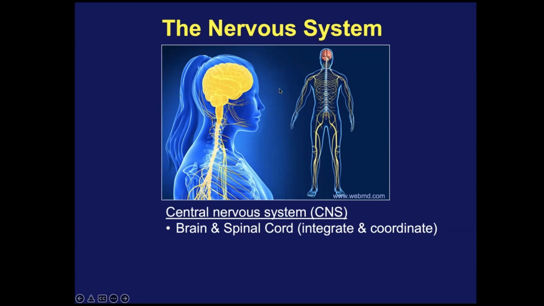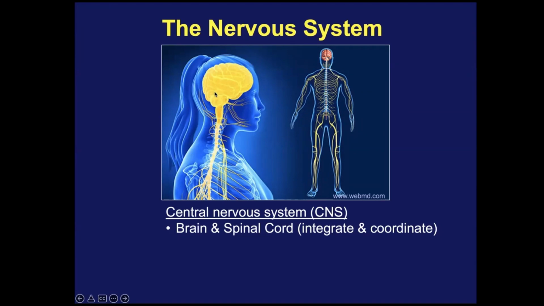We know that the nervous system controls the human body, and the central nervous system, or the CNS, is composed of the brain and also the spinal cord.